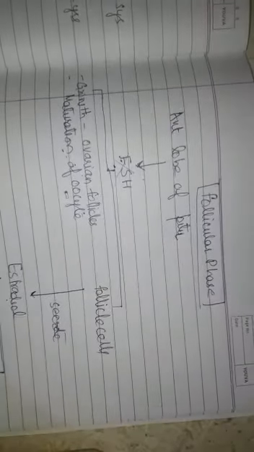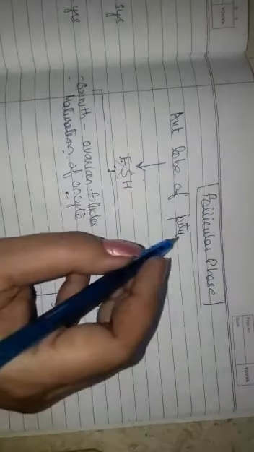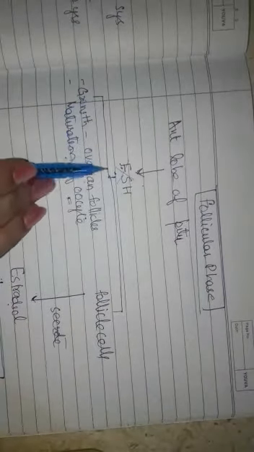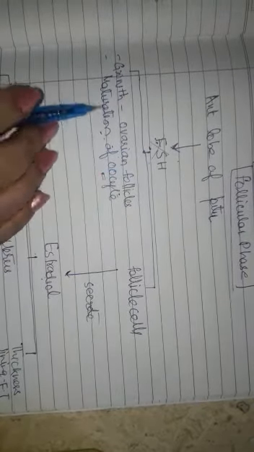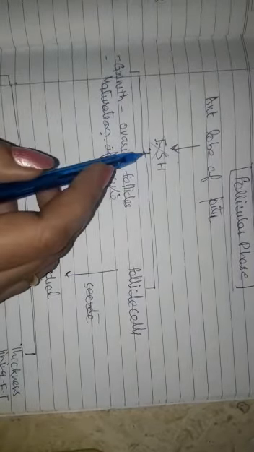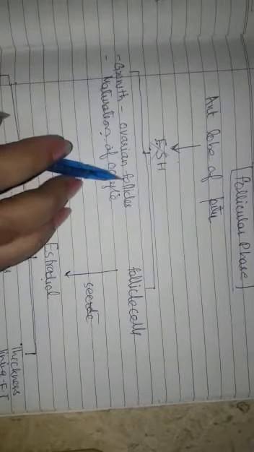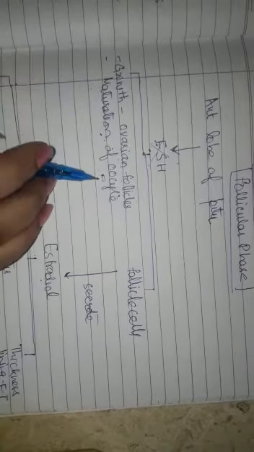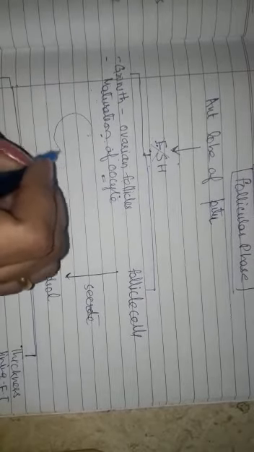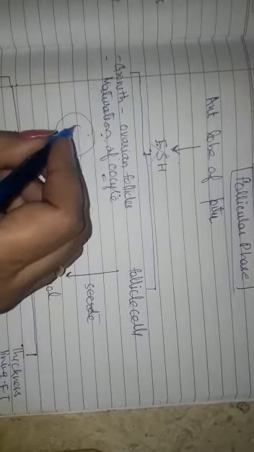So let us see the first phase, the follicular phase. What happens in the follicular phase? In the first phase, anterior lobe of pituitary secretes a hormone, follicle stimulating hormone. This follicle stimulating hormone stimulates the growth of ovarian follicle, and it also stimulates maturation of oocyte in the ovarian follicle. This is the oocyte.